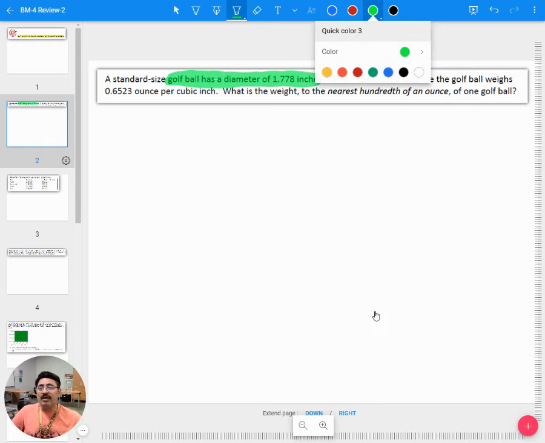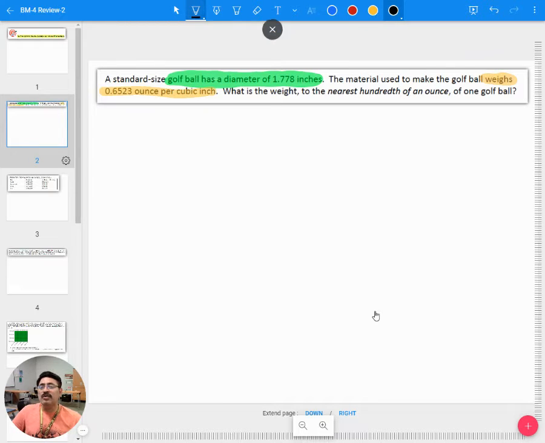And next, it's given that the material used to make the golf ball weighs 0.6523 ounce per cubic inch. So the question is, what is the weight?